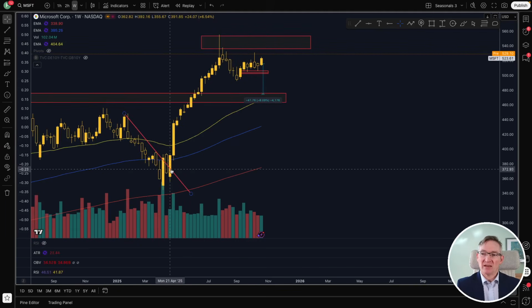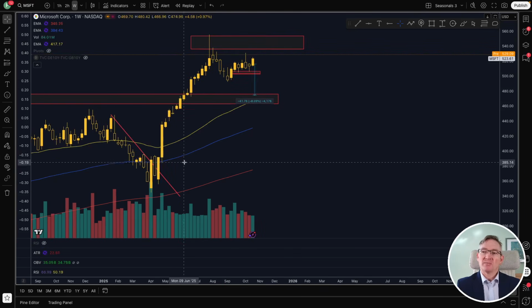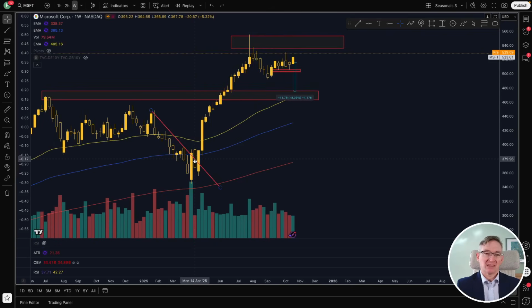And then look what you get towards the end of April. You get a bullish piercing line pattern. Do you see that price gaps lower on the week's open and then closes above the 50% of the previous week's candle? That is a very clear bullish piercing line pattern.